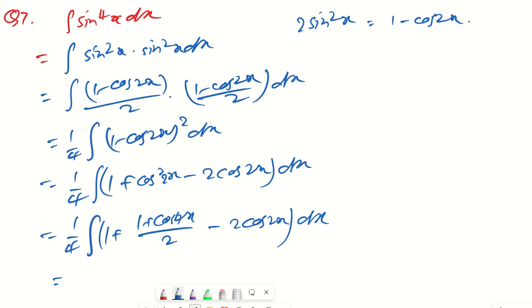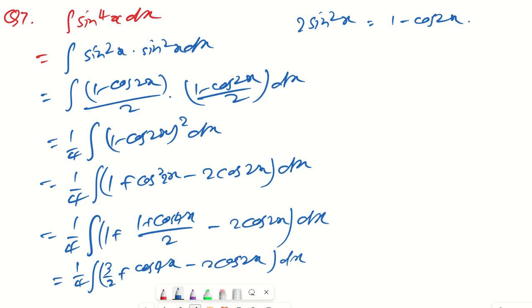Now if we want, we can directly solve this, or otherwise we can simplify even more. So 1 by 4 integration of 1 plus 1 by 2, that is going to be 3 by 2, plus cos 4x minus 2 cos 2x dx.